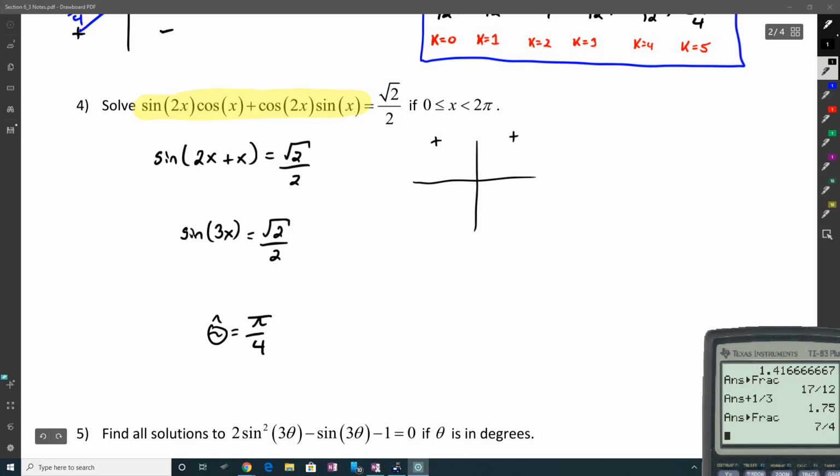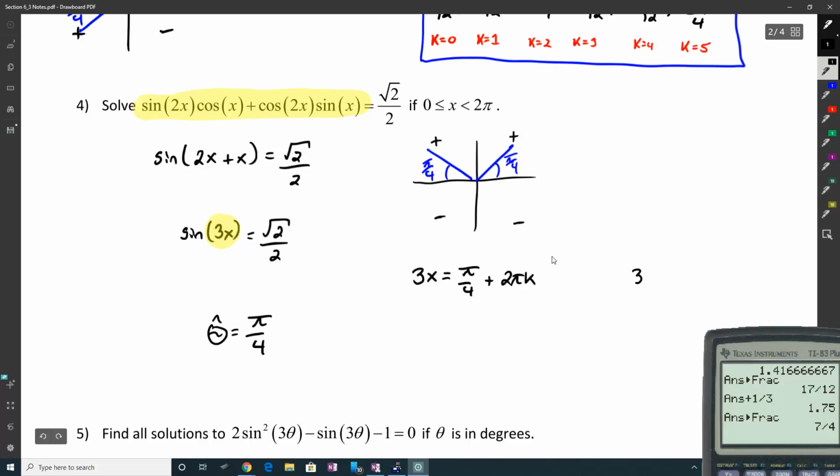For sine, plus plus, minus minus. So pi over 4 this way, pi over 4 this way. So my answers, the inside is 3x. So it's going to be 3x is equal to pi over 4 plus 2 pi k.